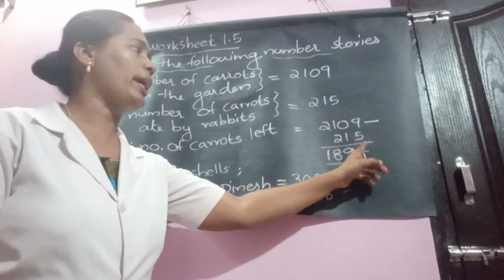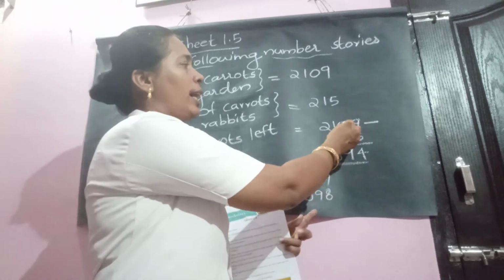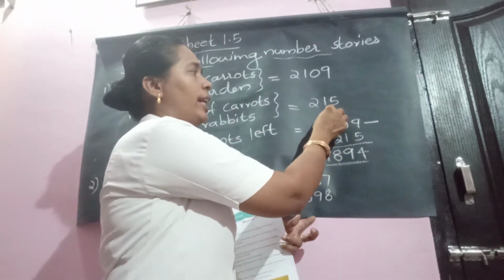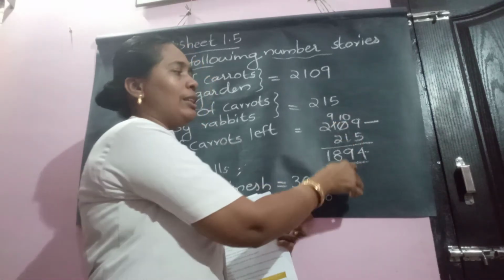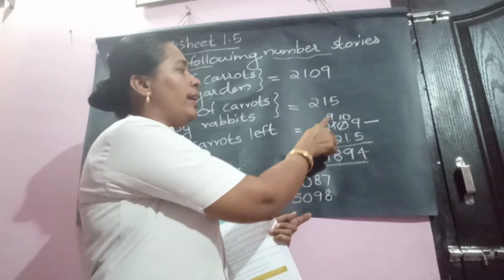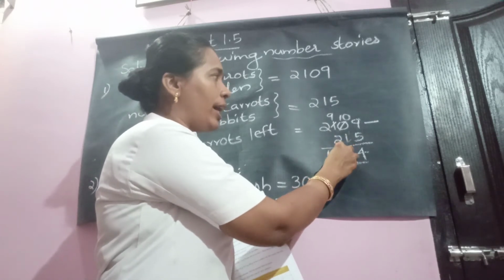2109 minus 215. 9 minus 5, easily we can write 4, isn't it? Then here we can take it as 9 and give the 1 to 0. So 10 minus 1, 9. Then 9 minus 2 is 7.